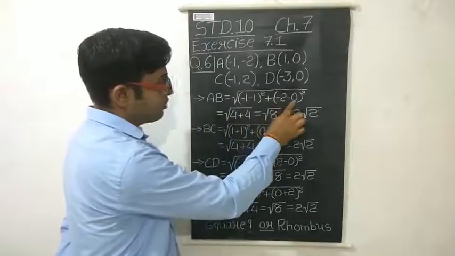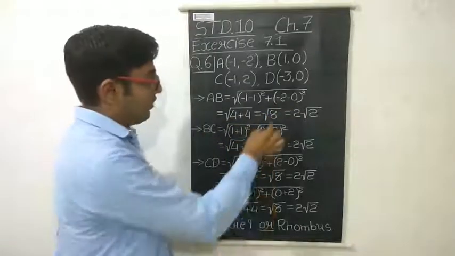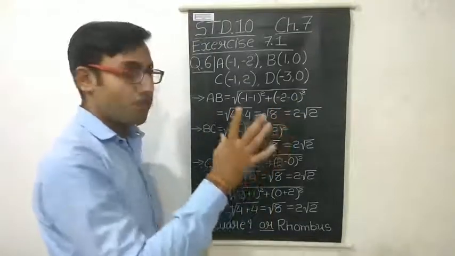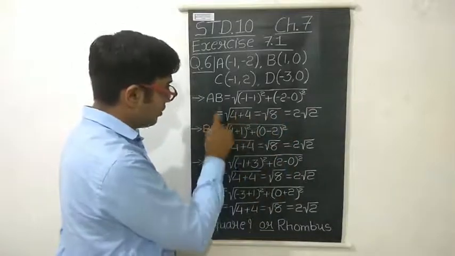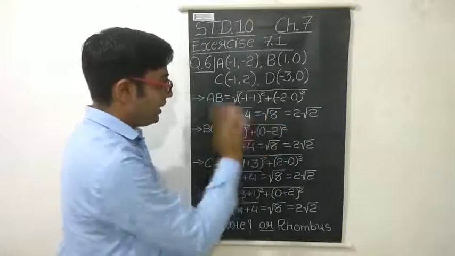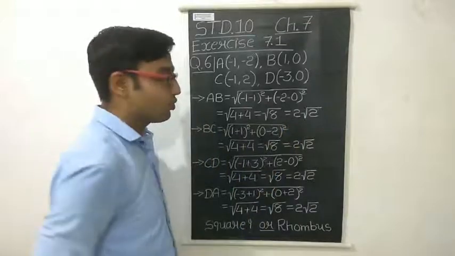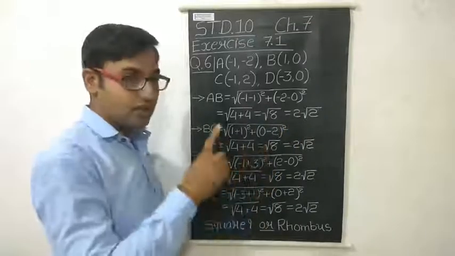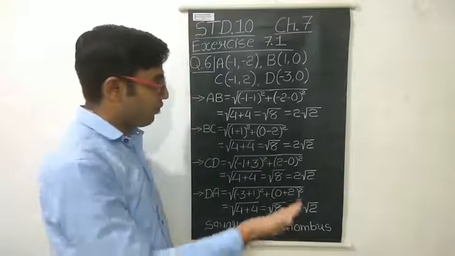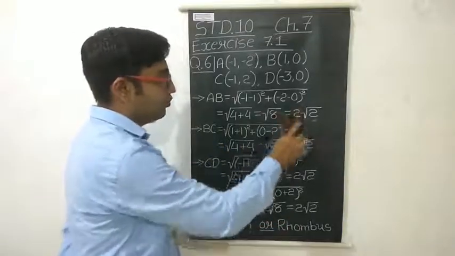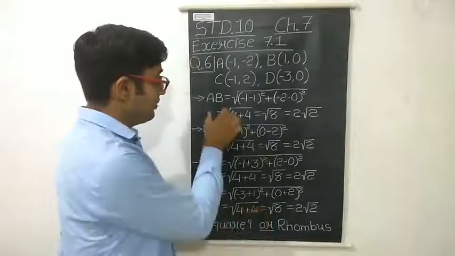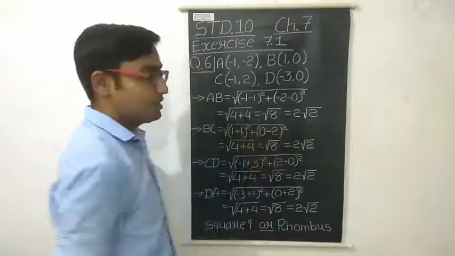Here also -2 - 0 is -2 and -2 whole square is +4. 4 + 4 is 8. So under root 8, and under root 8 is what again? 2 root 2, right? Because 8 is 4 into 2 and the square root of 4 is 2, root 2 as it is. So this is the value of AB, distance AB.